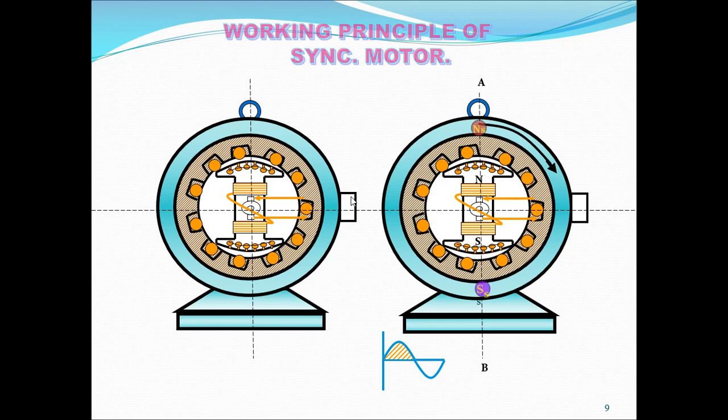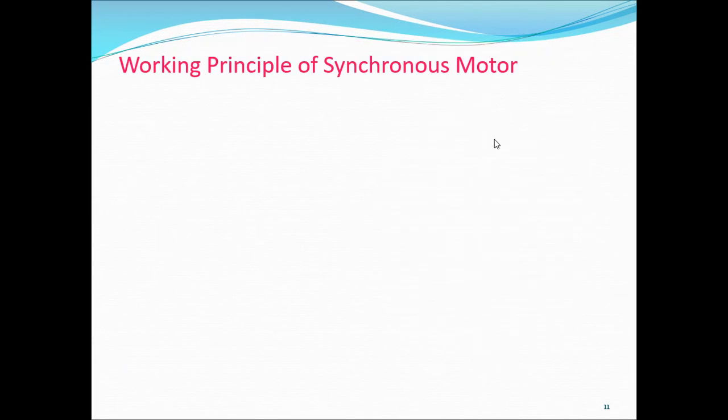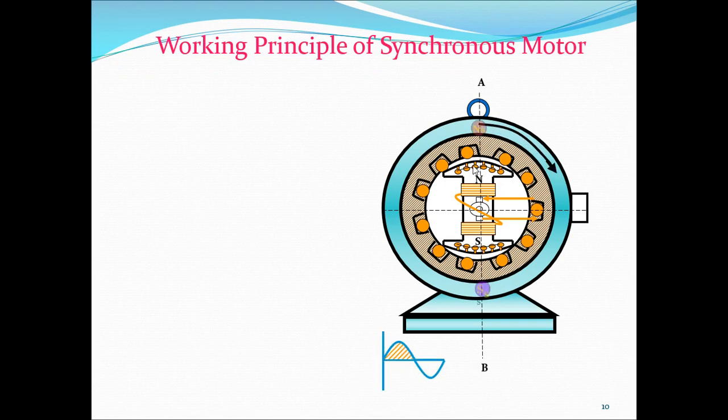They start rotating continuously at synchronous speed in clockwise direction. So what is the synchronous speed? Synchronous speed is 120 f by p, as shown in the figure. Like this, both get magnetically locked to each other and start rotating.